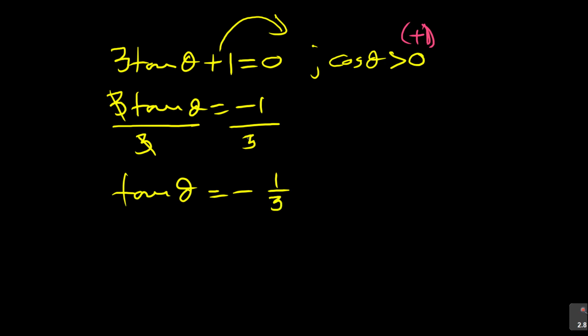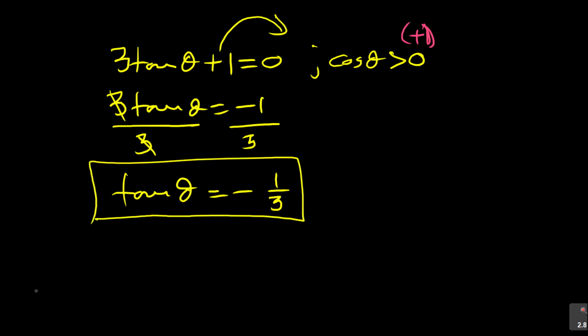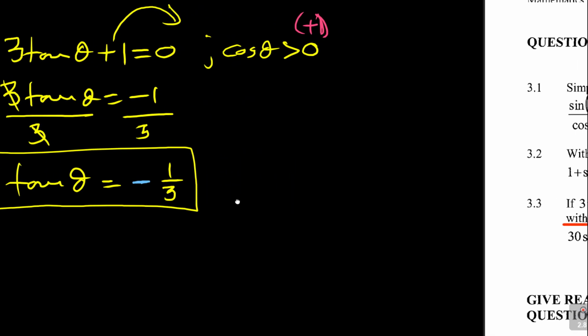I don't want you to be tempted to say the negative sign belongs to the top, because that's where you need to be careful here. NB: don't write it like this and say is equal to minus 1 over 3, as if the minus is on the top, because you don't know. It must be in front. Your diagram will tell us where that cos is.